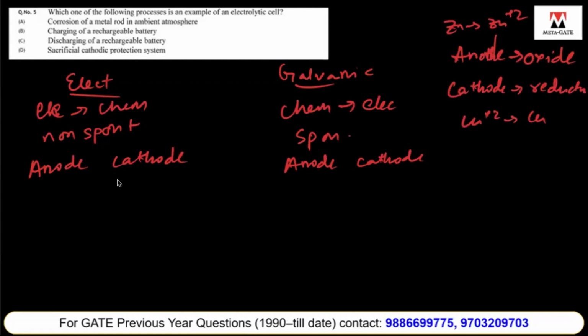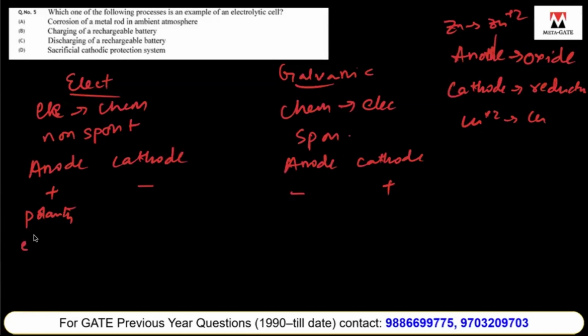So you'll see the anode polarity in a galvanic cell is negative, and for an electrolytic cell, the anode polarity is positive. For the cathode, it is negative polarity in the electrolytic cell. Electron flow is from anode to cathode.